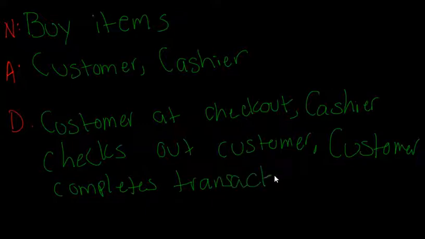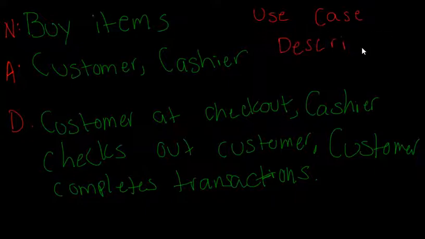I mean, you might want to go a little bit more in depth in this description, but for practical purposes, this is fine. So we have the name of our use case, and actually we'll just go ahead and label this as the use case description. And again, our use cases are just our functional requirements.